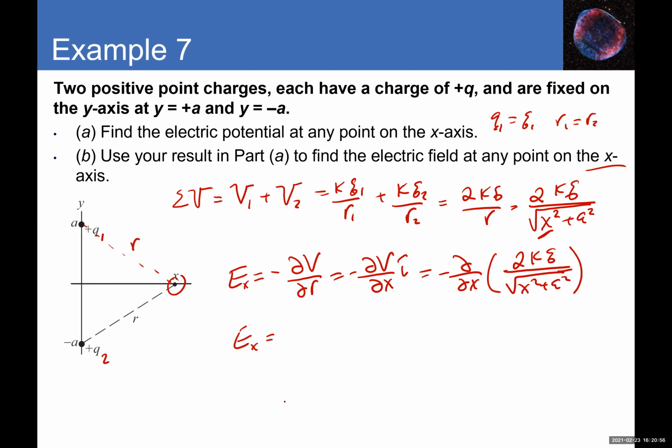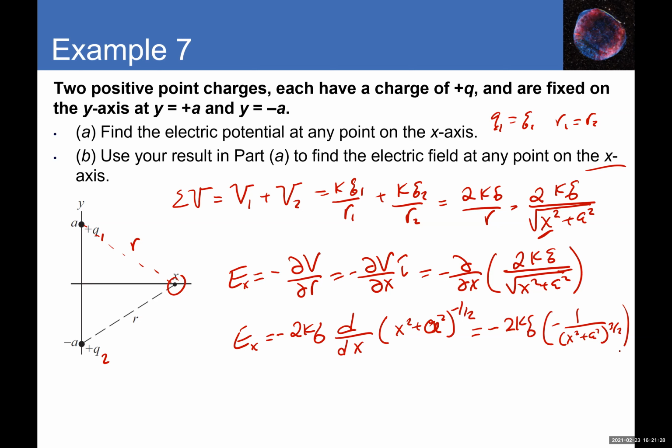If I take the derivative of this, technically the 2kQ is a constant, so it can come out. Then I'm taking the derivative of x squared plus a squared to the negative 1/2. If I do that, I end up with 2kQ times negative 1 over x squared plus a squared to the 3/2. Then the negatives cancel out.